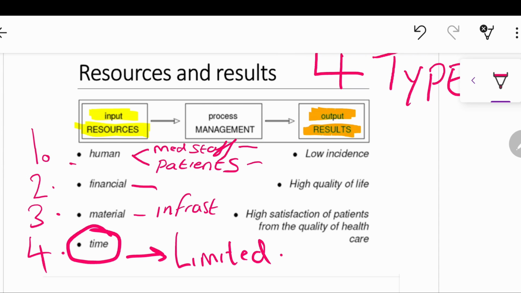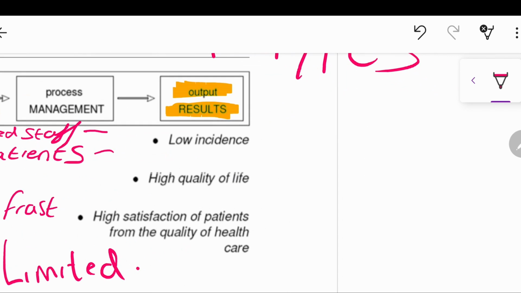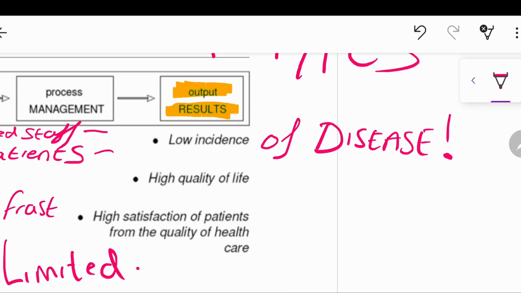Now, the desired output. What do we want in our output? We want low incidence of disease. So this is beneficial for us.